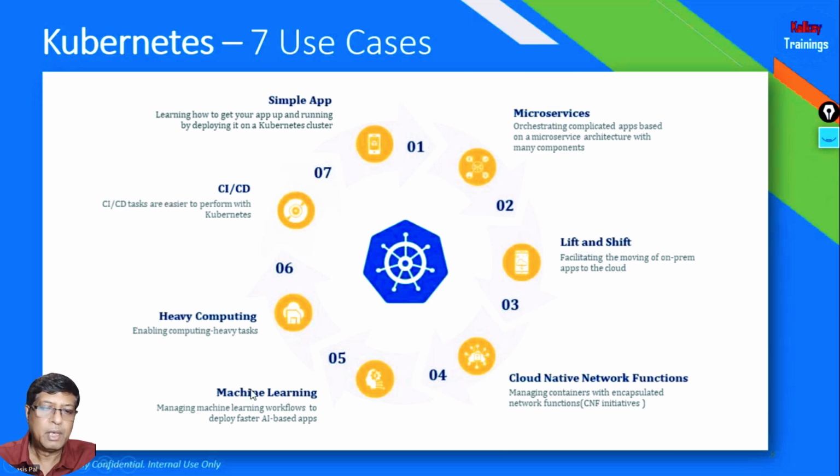Heavy computing: it caters to the future ages where you will be involved in heavy computing for AI and other tasks. And of course, you can deploy your CI/CD pipeline with its entire jobs and tasks automatically onto Kubernetes, and it will start performing very smoothly. There are projects where you deploy your pipelines over Kubernetes and see how smoothly you can integrate all your jobs.